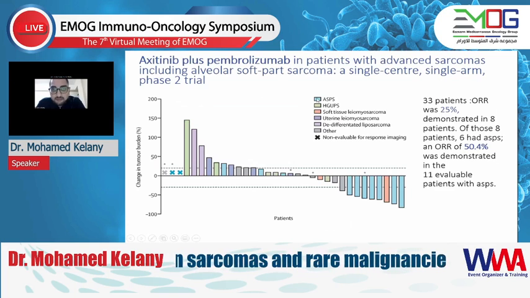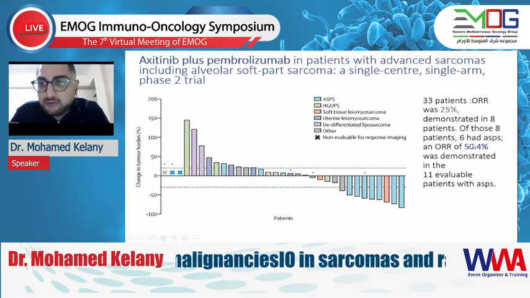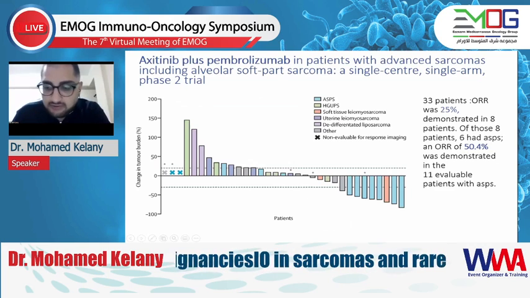And again, if we look at the peculiar subtype, the alveolar soft part sarcoma, most of the patients who gave a response were in the form of alveolar soft part sarcoma. If we take this tumor subtype, the overall response rate again reaches 50%.